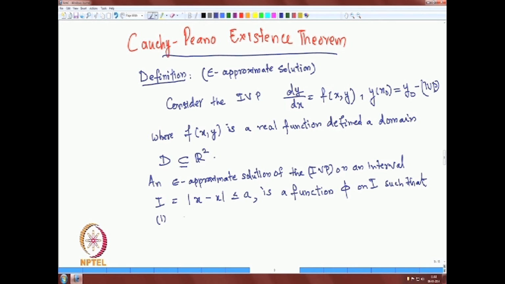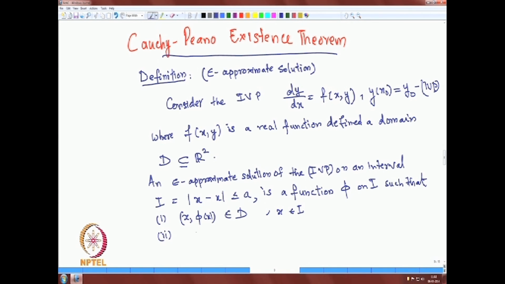First, for every x in the interval I, (x, phi(x)) is in the given domain D.